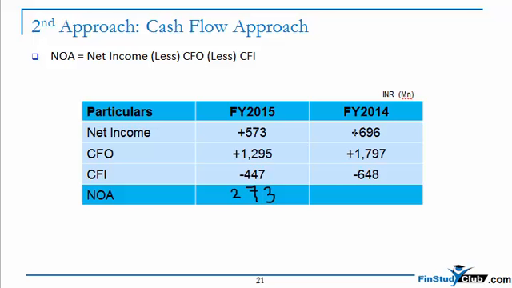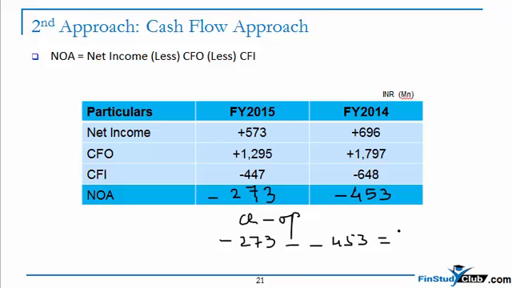In the previous year, the same number is 453. So if I have to do closing minus opening, I am getting 273 minus 453, so there is going to be a net positive thing here.